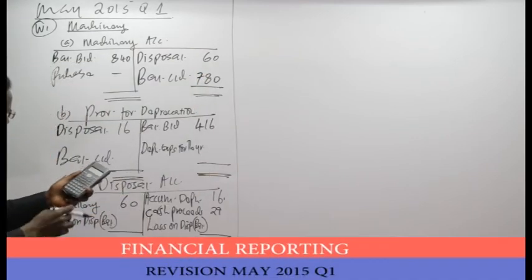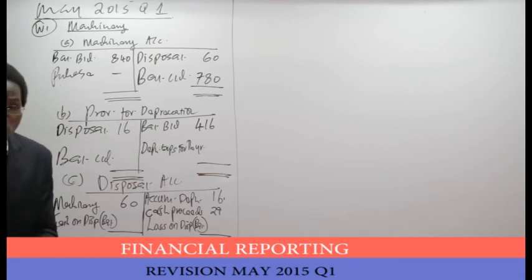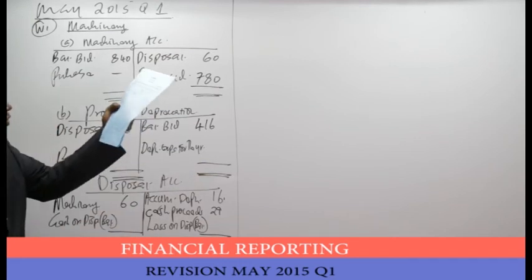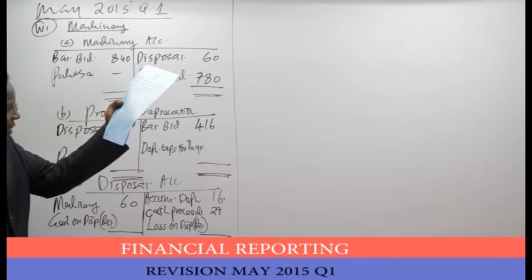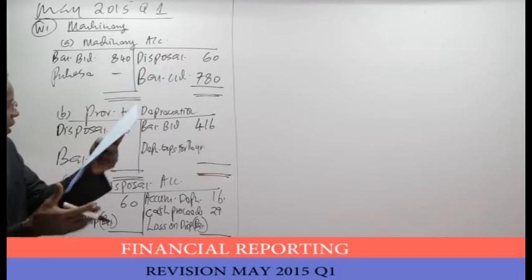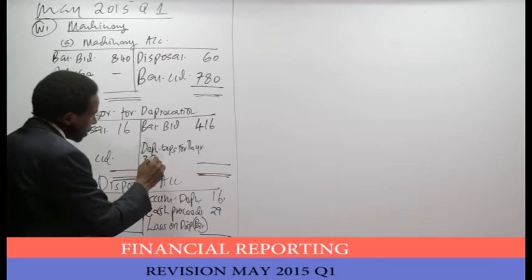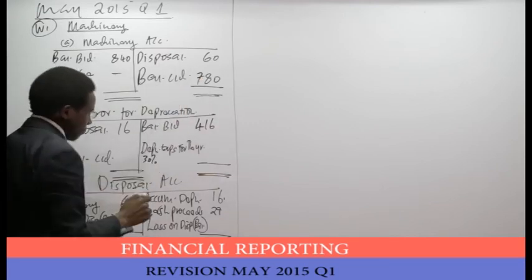Provision for depreciation. Remember, we need depreciation expense. And we've been told that we are calculating these on a reducing balance basis. That is, we are talking about 30%. 30% on a reducing balance basis. So I'll take 30% on this 780.